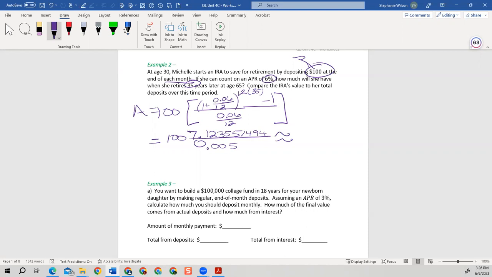Let's see what we get. I get 14,200. Oh, I said that wrong. $142,471.03.